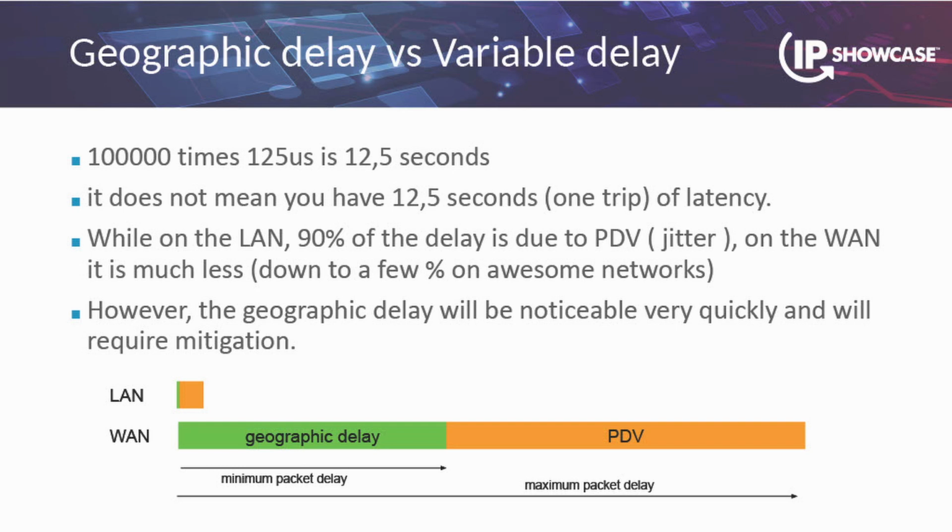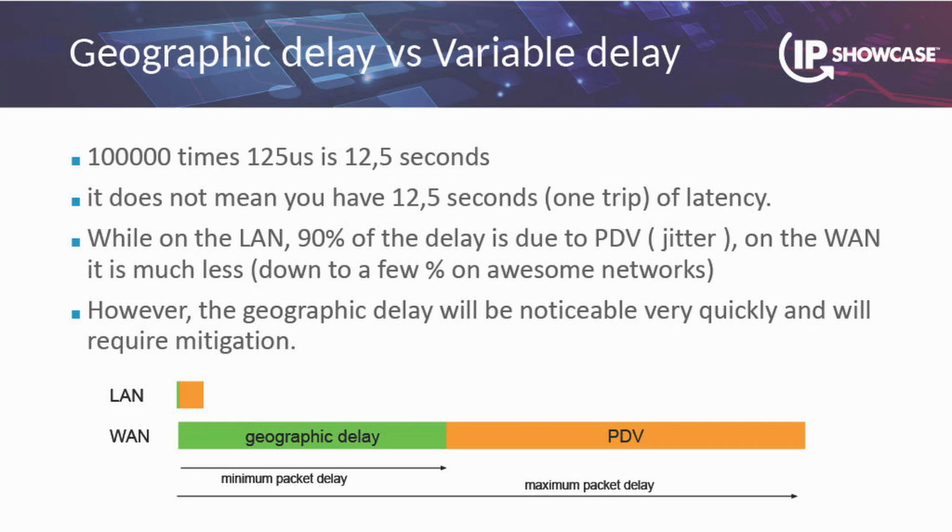Of course not. It does not mean that, because your delay is basically two parts: the geographic delay and the packet delay variation. And the geographic delay on the LAN is really negligible. So those 225 microseconds mainly come from the packet delay variation, which is caused by the sending device and also by the network and the underlying network equipment.